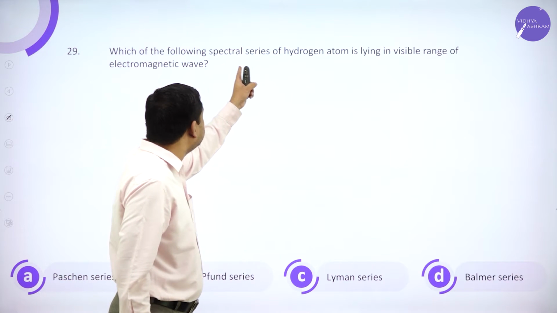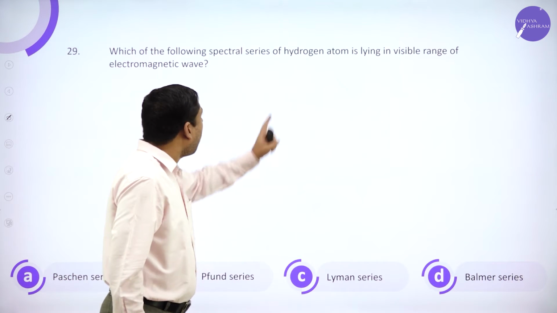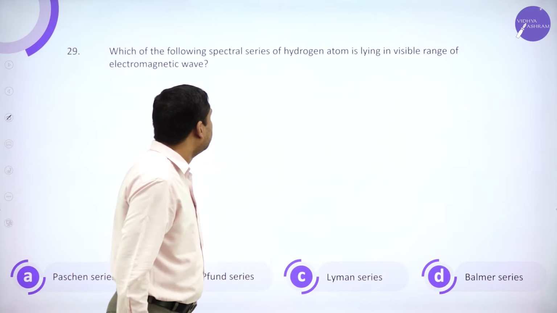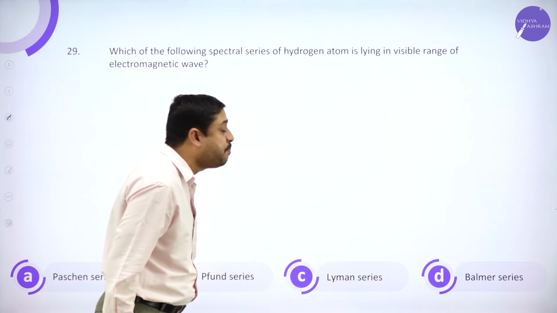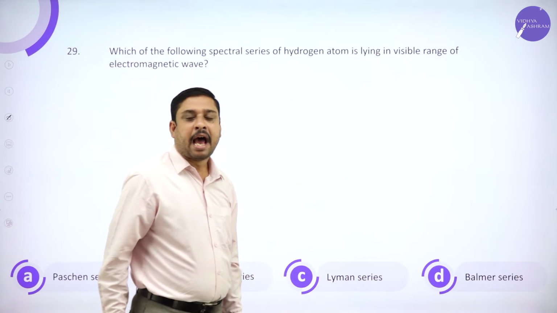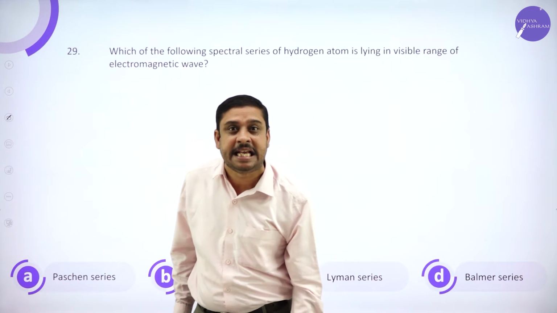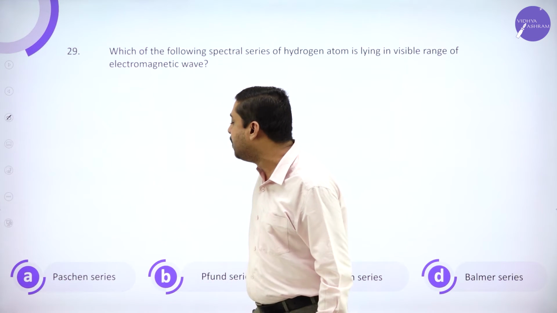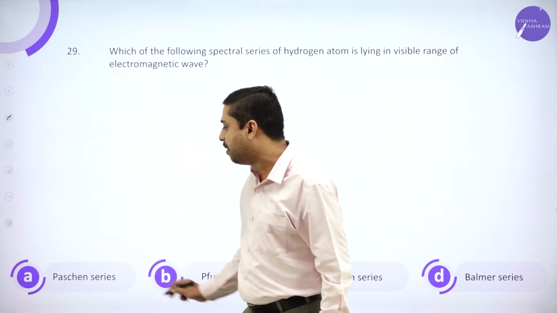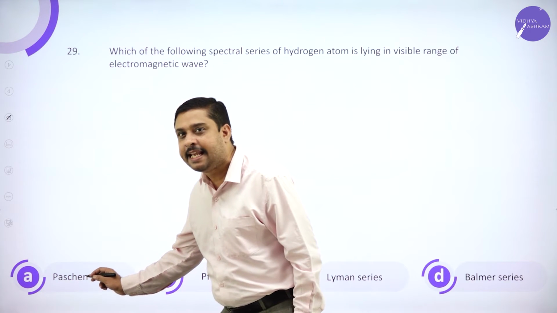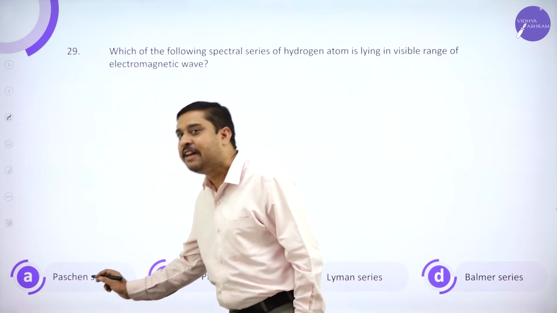Which of the following spectral series of hydrogen atom is lying in the visible range? In the hydrogen spectrum, which series is present in the visible range? Paschen series appears in the near infrared region.